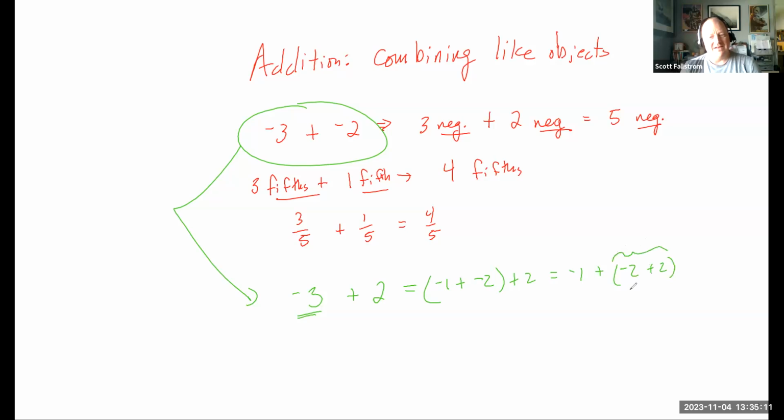Here we'd be using the additive inverse property, and that's how we can get to a value there. You could also think of it as the chip model: put in 2 positives, 2 positives with 2 negatives gives me 0 pairs. A lot of ways you can think about these. But again, if they're not like objects, we have to pause and do something different.